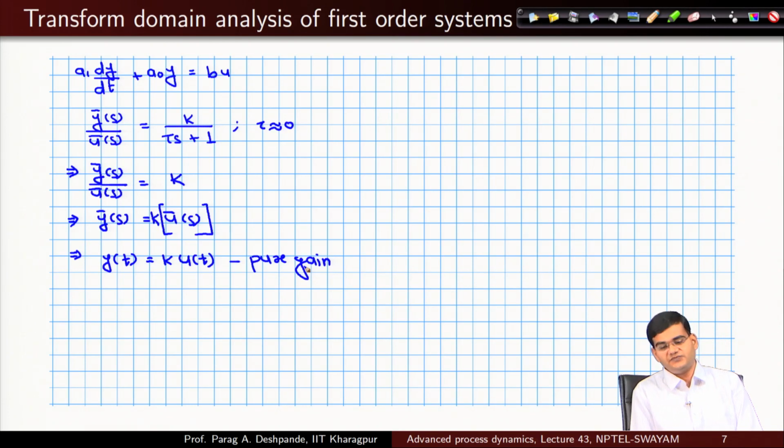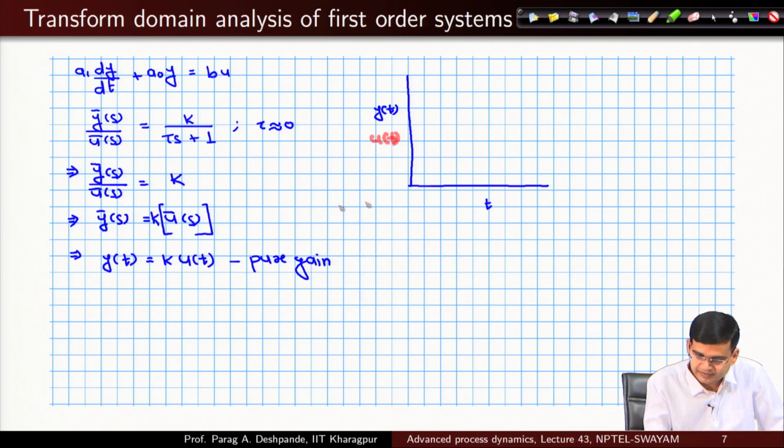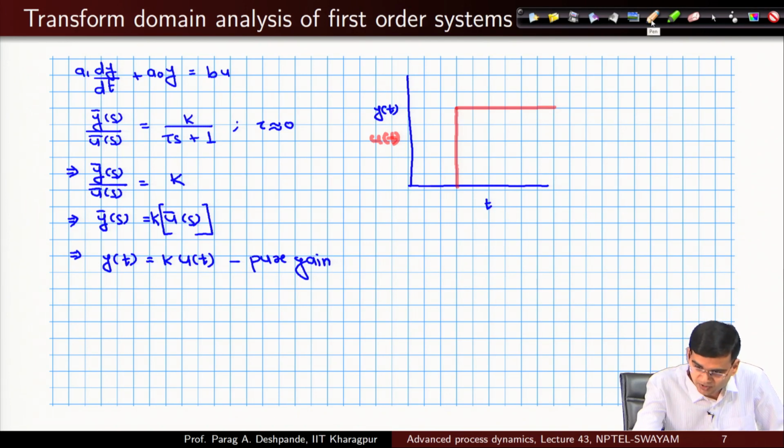And what is the physical significance? Well, the physical significance is very simple here, that if you have y of t and u of t, then if this is your input function, then your output function response will simply catch up here.